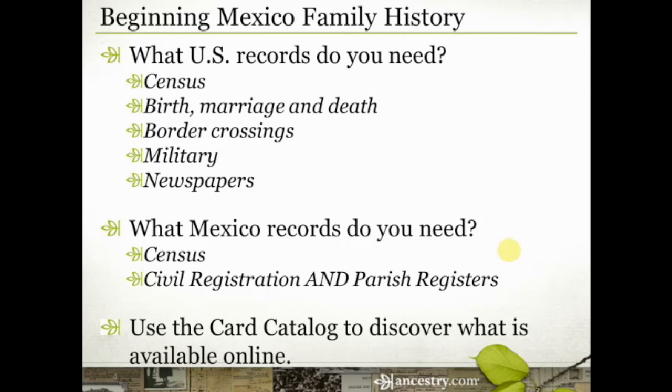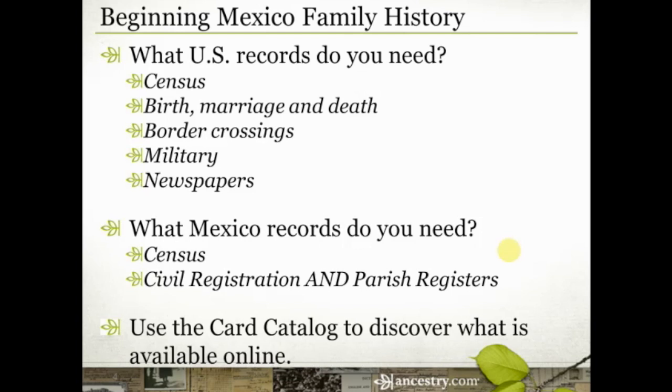We have some census records. Most notably, we have the 1930 Mexican census, which is a really pivotal year there. The reason it's pivotal is because a lot of people can remember family members back to 1930, but it's prior to that that you start getting a little fuzzy.